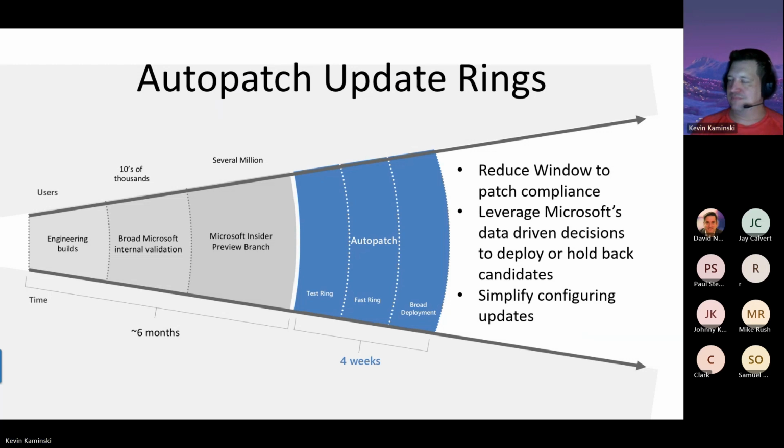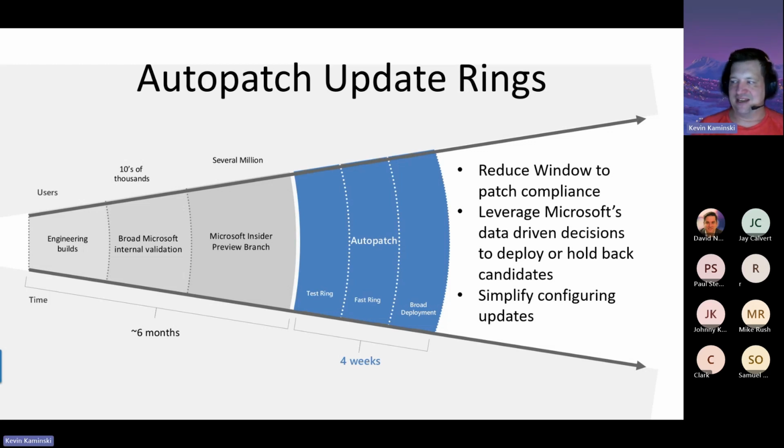So with all this weird stuff going on, and letting Autopatch manage the actual patching, what does that actually produce? Well, the idea is, instead of taking 12 to 16 weeks to roll out a patch or a feature update, you try to get this done in a month.